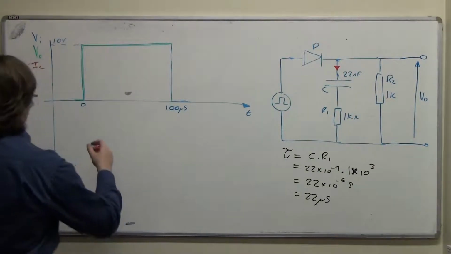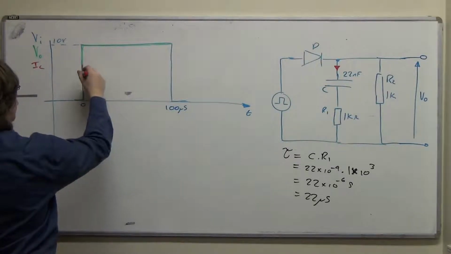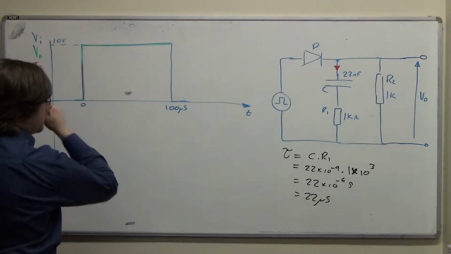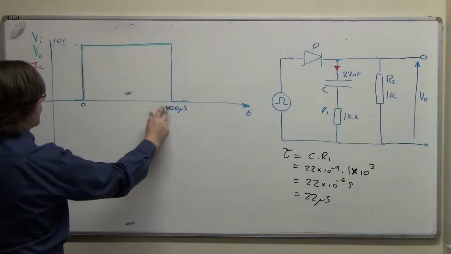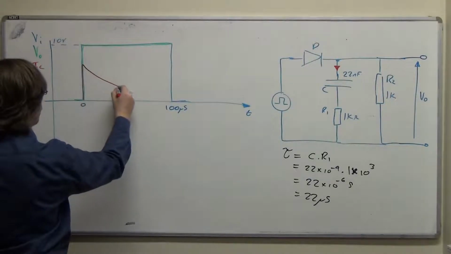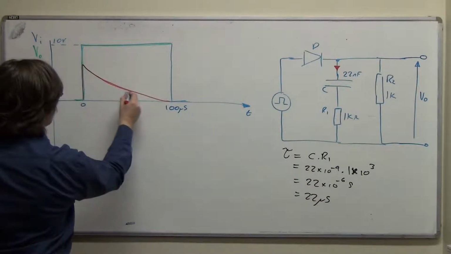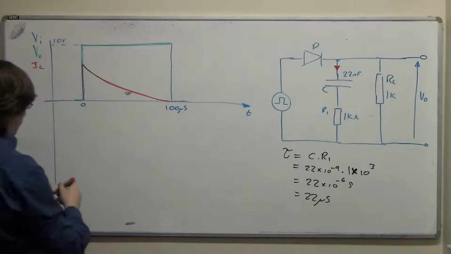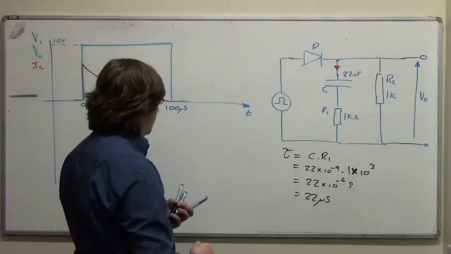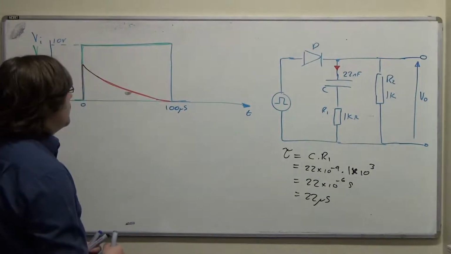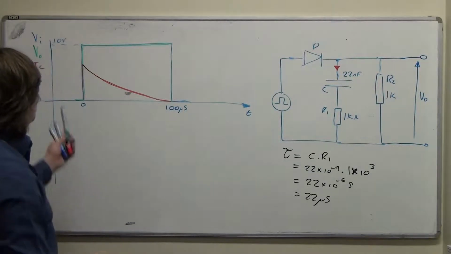So our current waveform is going to go up to some value that we haven't decided about yet, and then in time constant of 22 microseconds, so it's approximately 4 time constants, or 4 and a bit. So it's very, very nearly all the way down, pretty much. So the capacitor would have charged up to 10 volts in that time, would charge up to the input peak value.